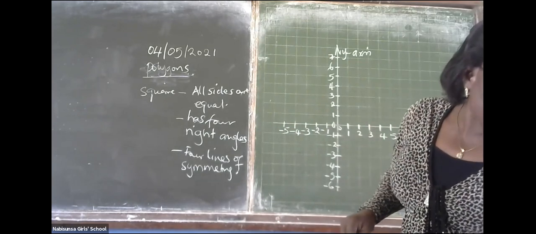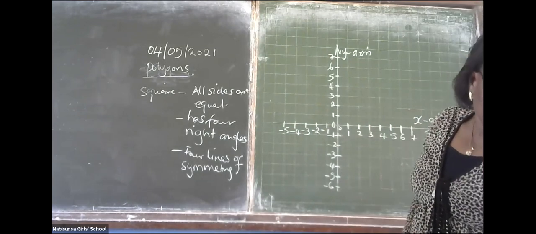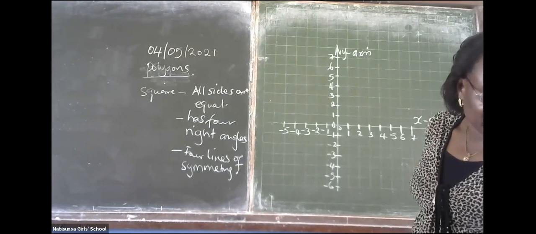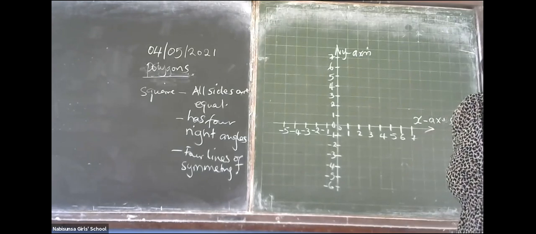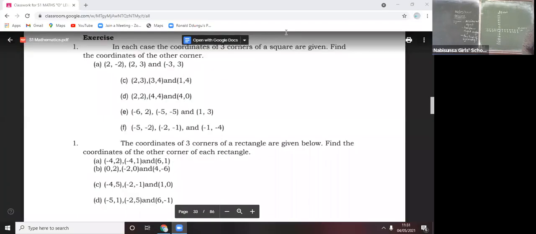But when we look at question number 1, part A, part B, part C, part D, and part E can be done on one graph. But for clarity, we are going to separate. You might have them on the same graph. If you have drawn them already, they can be on the same graph. But for clarity, we are going to separate part A from part B from part C, and so on, so that we can see it clearly.